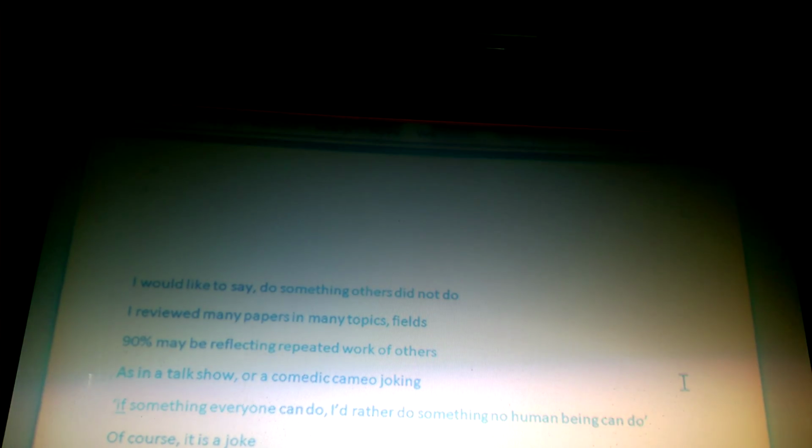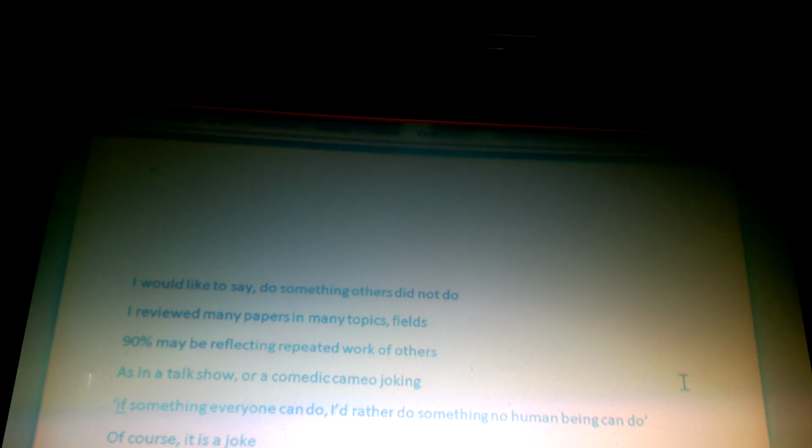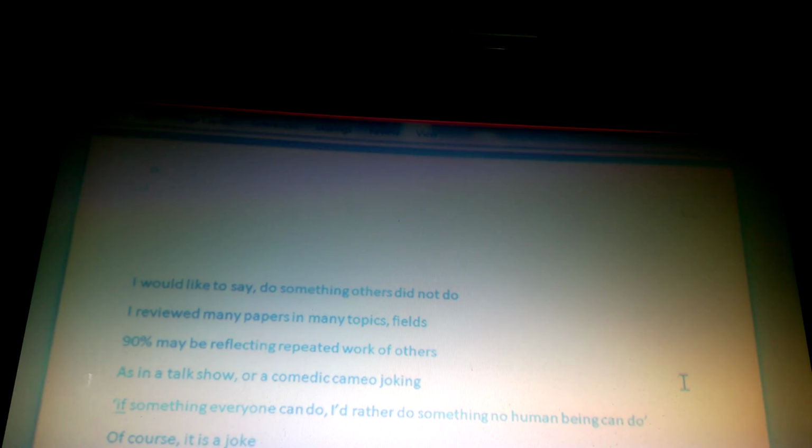So you may also want a consortium. What is an efficient consortium? That topic I will talk about later in other seminars.